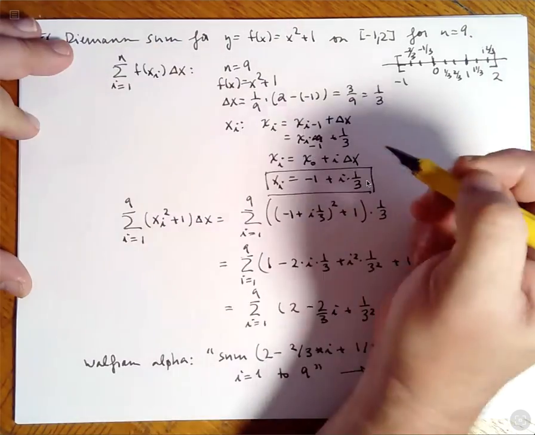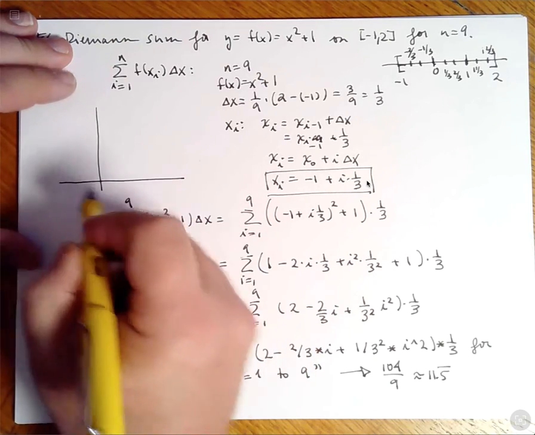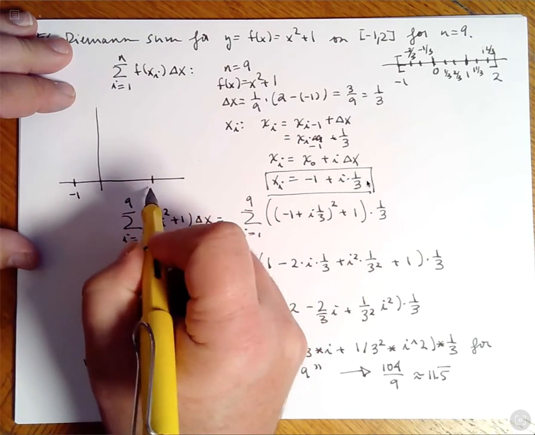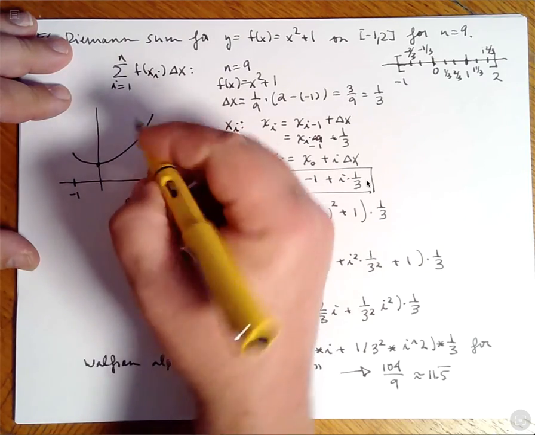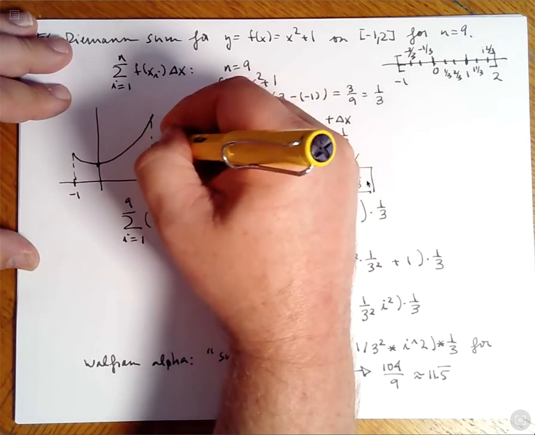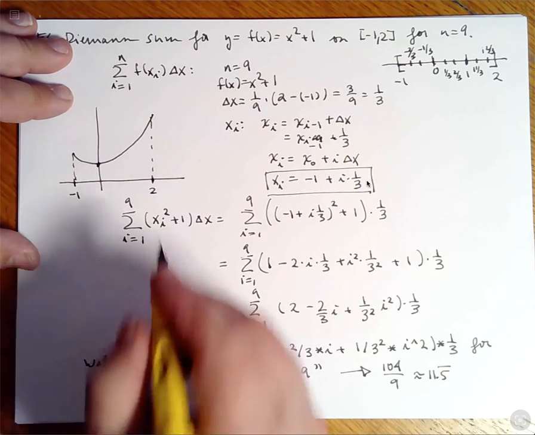And just so we're all on the same page about this, what did we just do? Well, we looked at the parabola, and we approximated the area under that curve using rectangles.